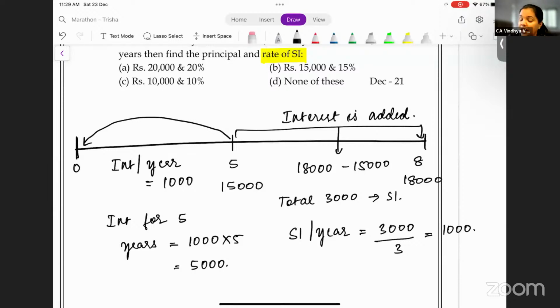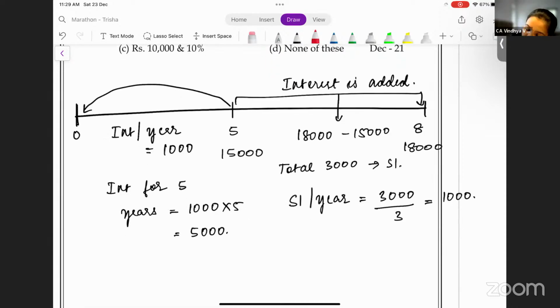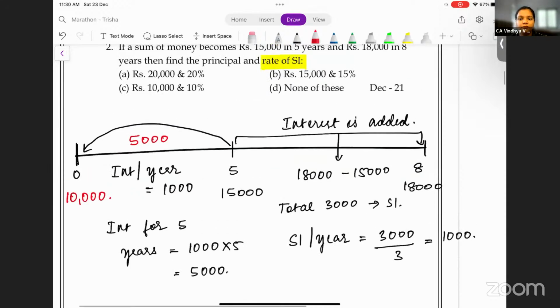That makes it 5,000. Now reverse calculate. 15,000 and here 5,000 is the interest, which means that the opening value, that is the principal, is 10,000. Now there's only one option with 10,000.